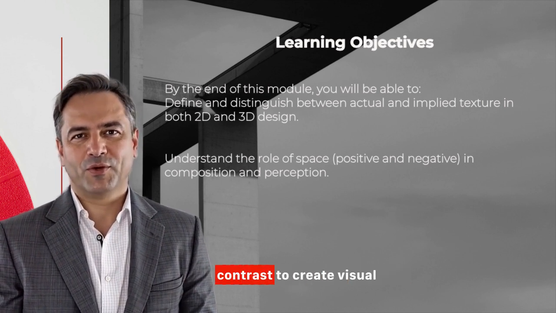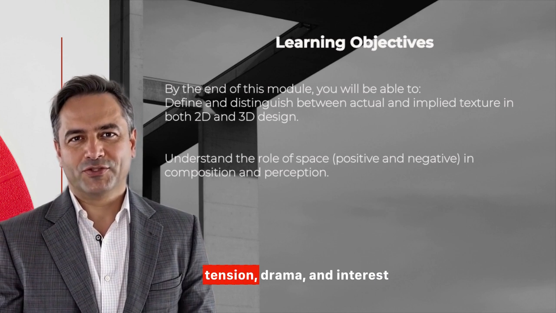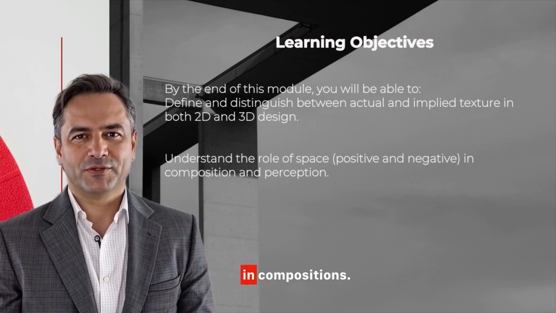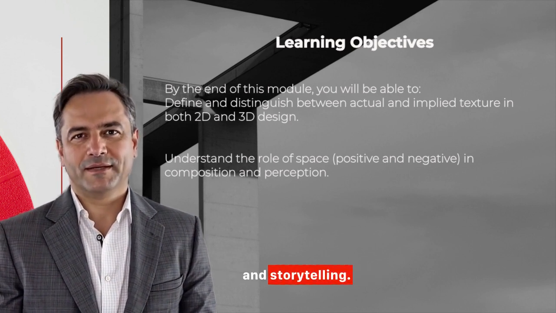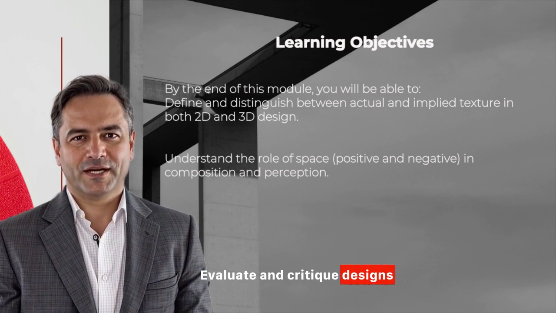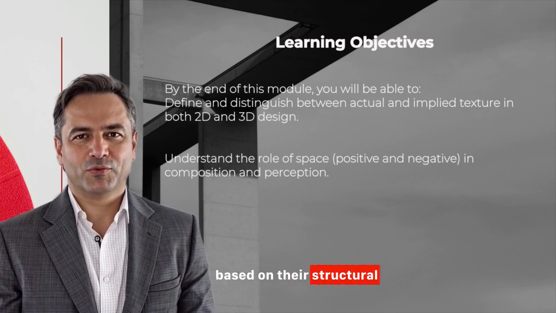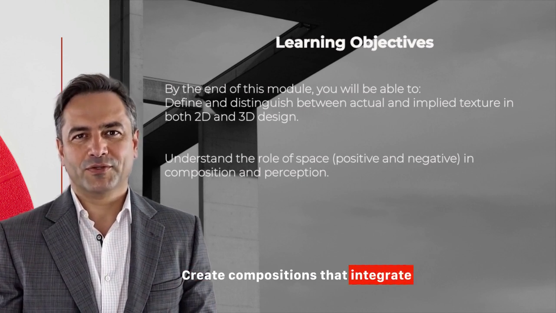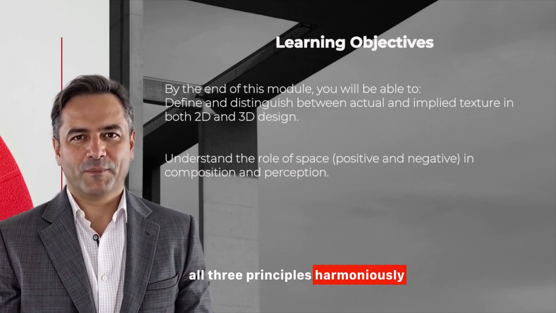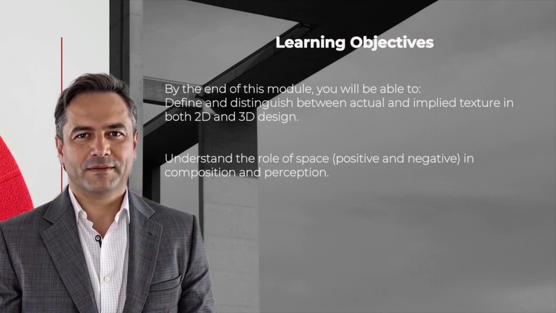Apply the concept of contrast to create visual tension, drama, and interest in compositions. Master the visual hierarchy to guide viewer interaction and storytelling. Evaluate and critique designs based on their structural composition and balance. Create compositions that integrate all three principles harmoniously and purposefully.